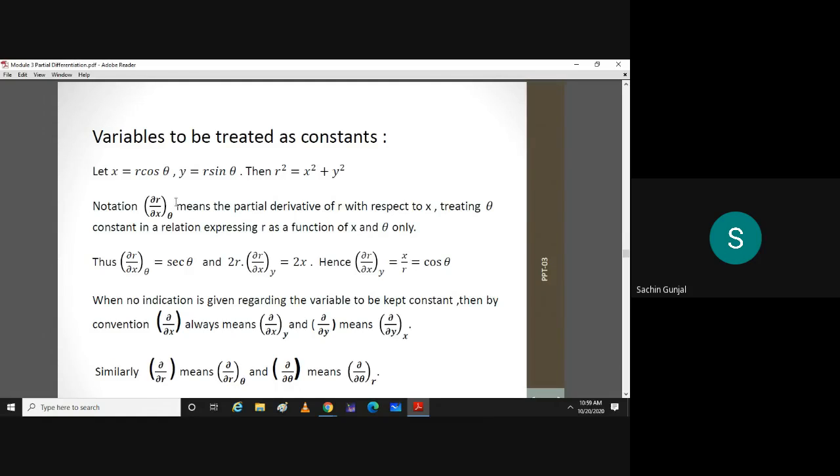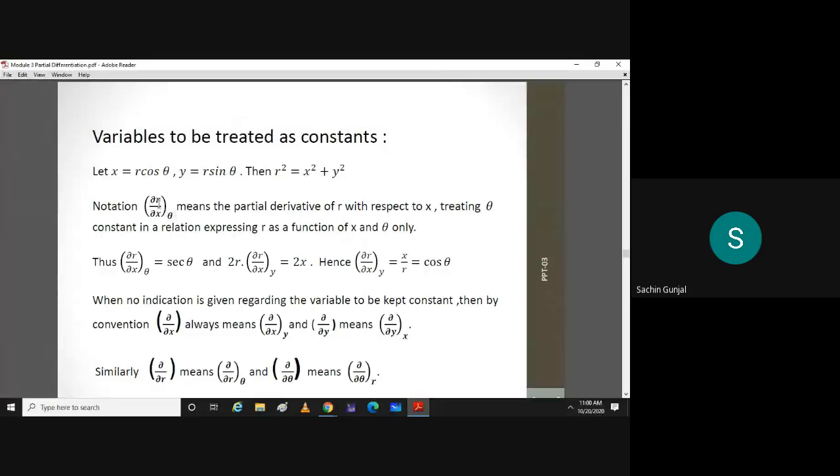So if you introduce notation, ∂r/∂x suffix theta means partial derivative of r with respect to x, treating theta constant, provided there is a relation between r, x and theta.